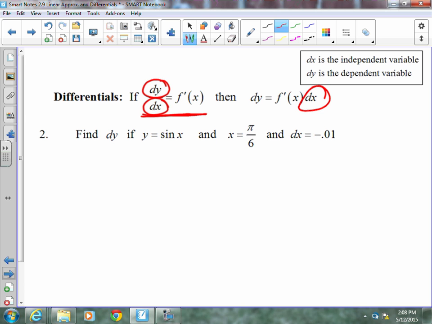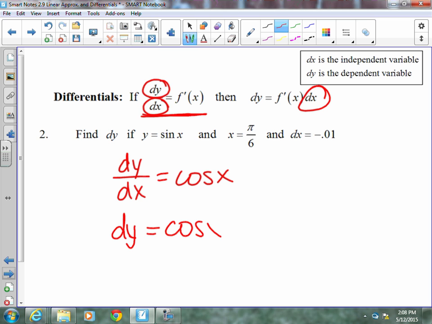So let's try one. It says find dy if y equals sine of x, x is pi over 6, and dx is negative 0.01. First thing, we derive: dy dx is going to equal cosine of x. We're finding dy, so let's solve this for dy. We get cosine of x dx.